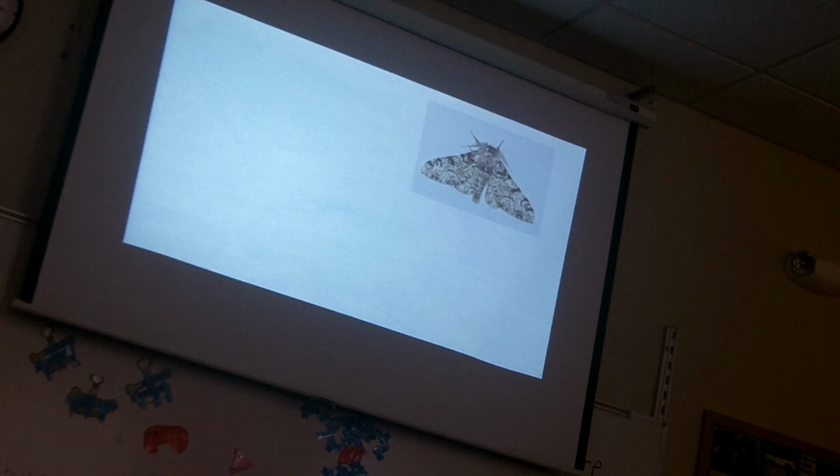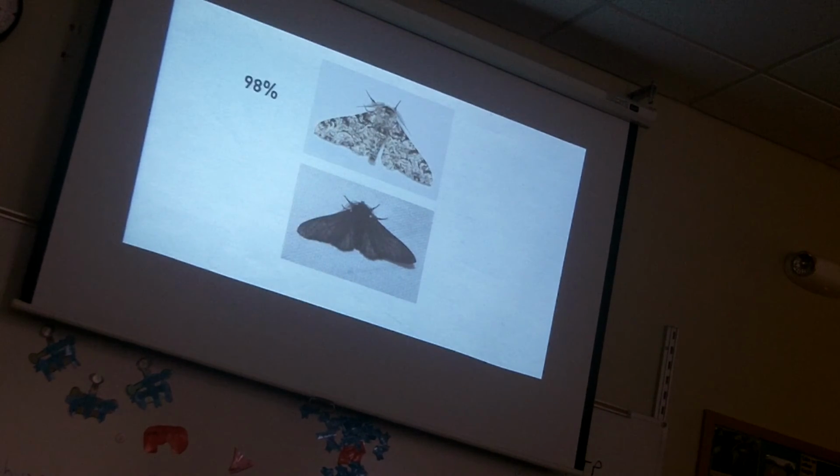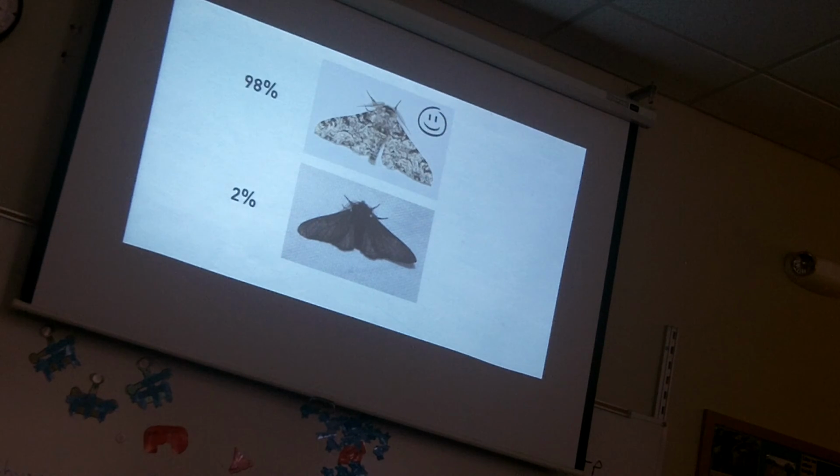In London in the early 1800s, 98% of peppered moths had light-coloured bodies. Only 2% were dark. The light moths were very happy because they were the same colour as the trees, which meant that they could easily hide from hungry birds. The dark peppered moths were easy to see and, well, eat.